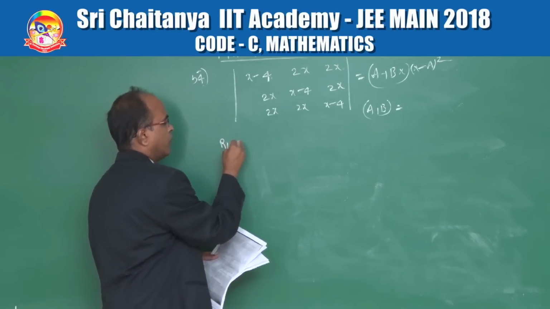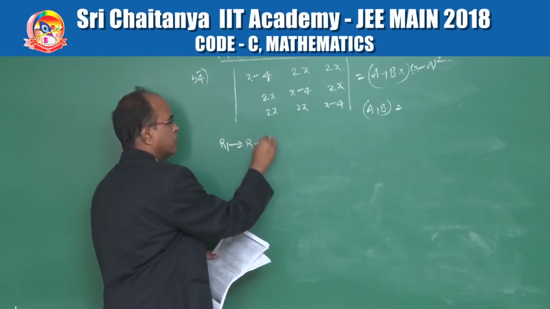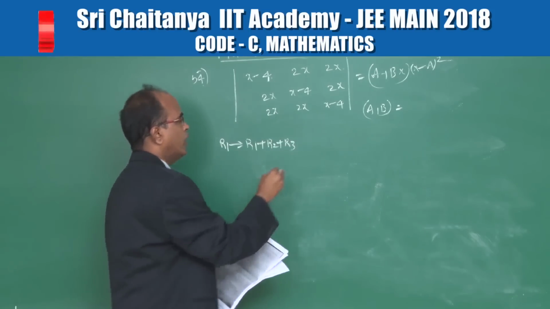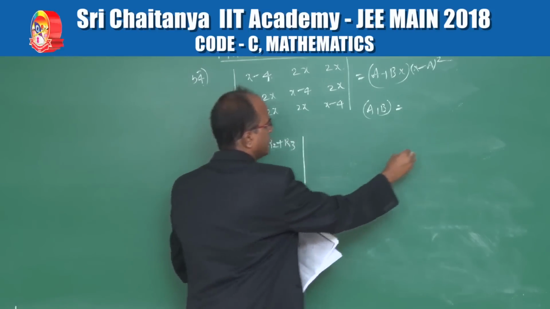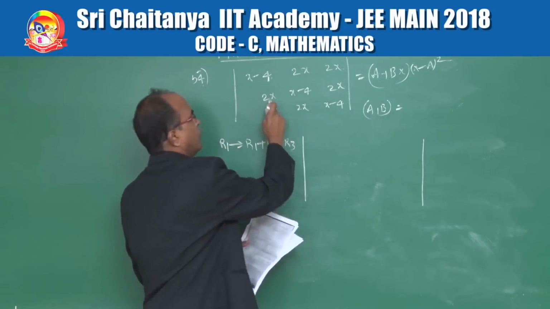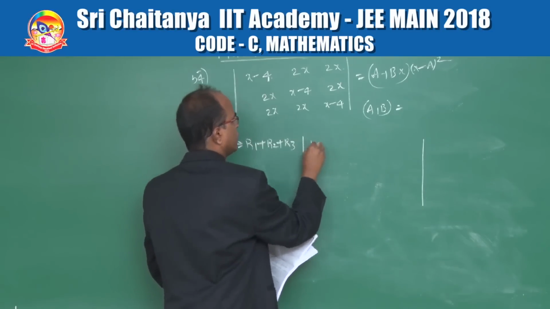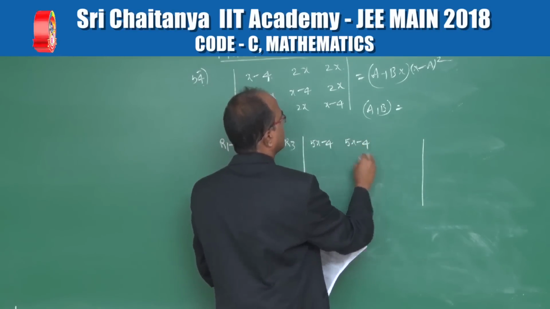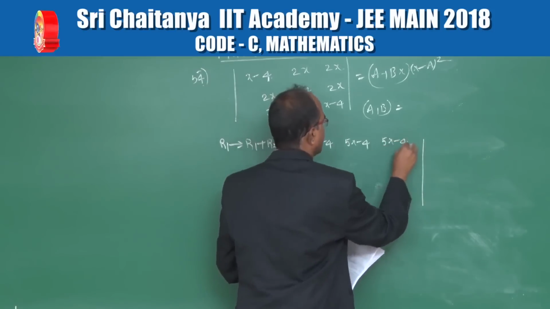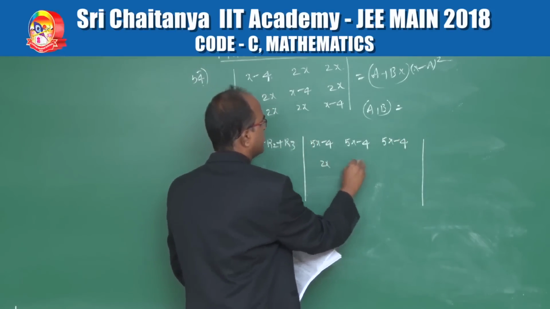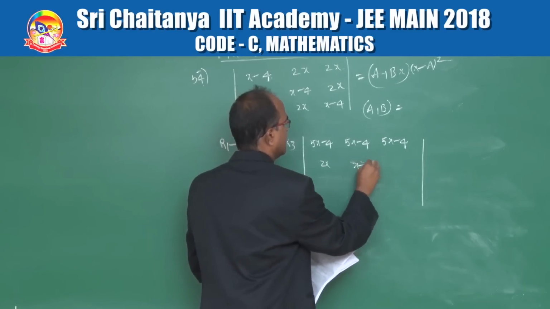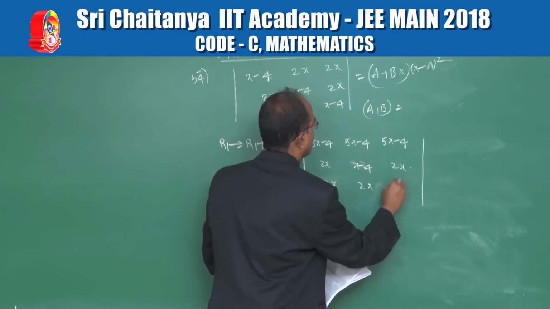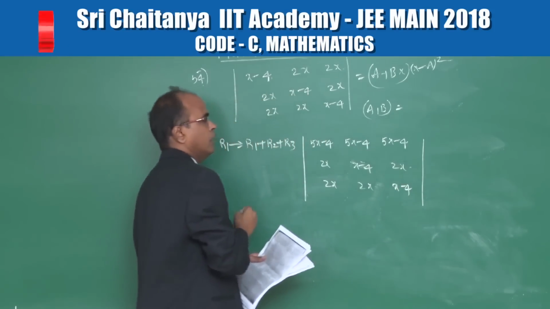For example, if we apply the row operation R1 plus R2 plus R3 becoming row 1, it will give us 2x plus 2x plus x minus 4, which is 5x minus 4, here also 5x minus 4, here also 5x minus 4, and the remaining 2 rows remain the same.